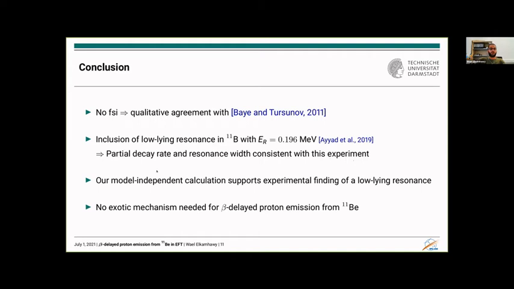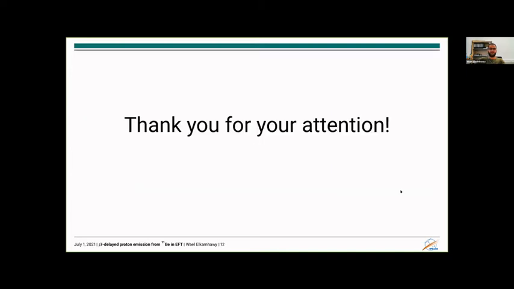And therefore, our model-independent calculation supports the experimental finding of this new low-lying resonance in boron 11. Moreover, we conclude that basically no exotic mechanism is needed to explain this huge branching ratio once we include the low-lying resonance. Okay. Thank you for your attention.